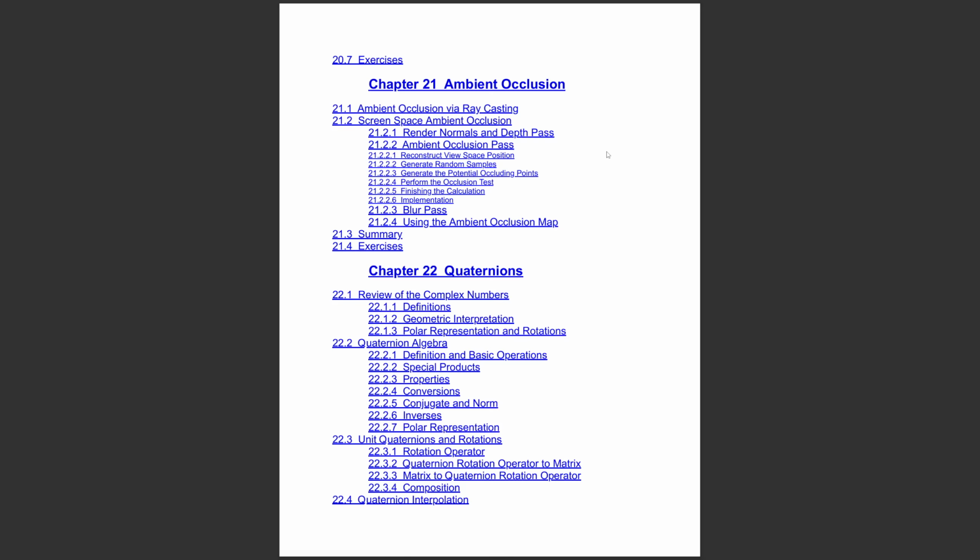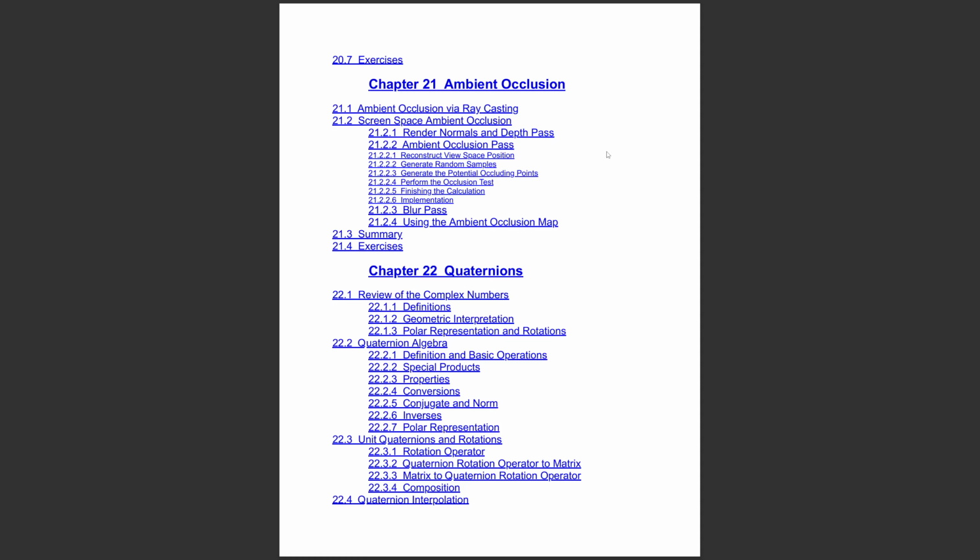Chapter 22 covers quaternions. Ooh, very complex stuff, but incredibly useful mathematical concepts. And we will be talking with overview of complex numbers, with definitions and geometric interpretation of them, along with polar representation and rotations.